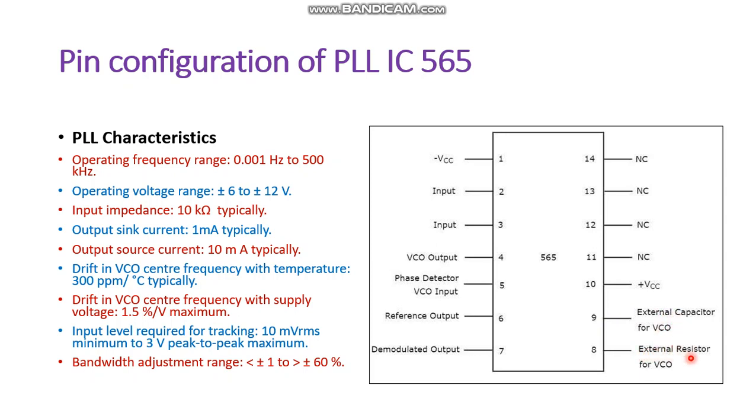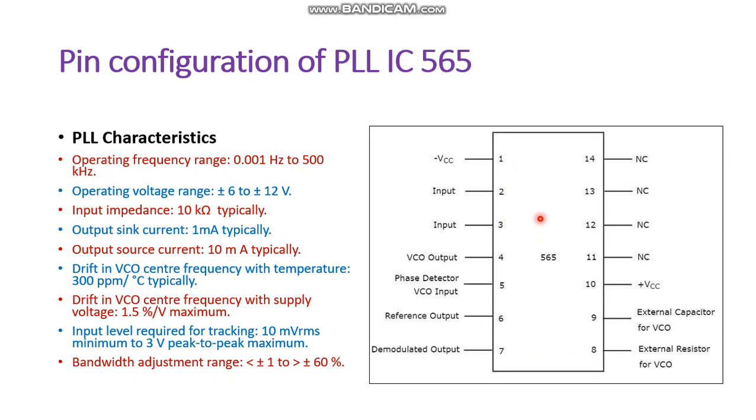This external R and C decide the free running frequency. Pin 10 is plus VCC, and pins 11 to 14 are not connected or not used. So this is the pin configuration of IC 565.